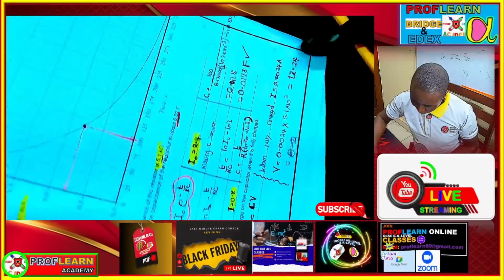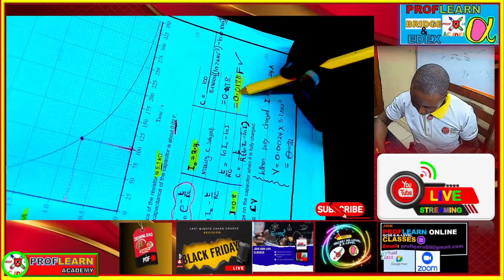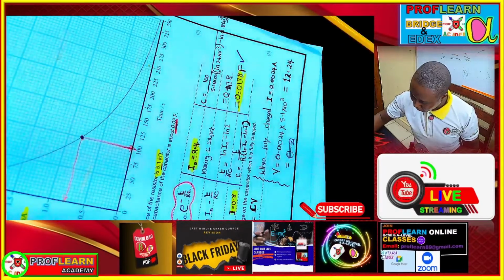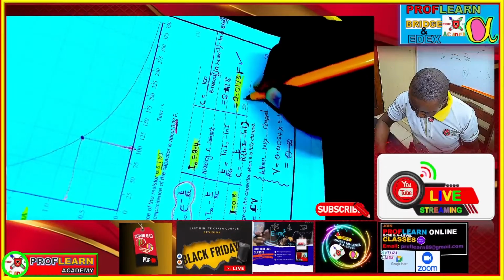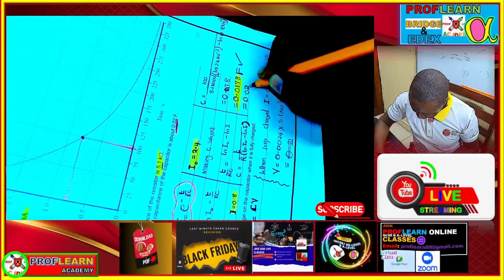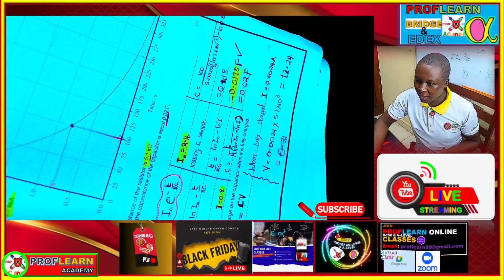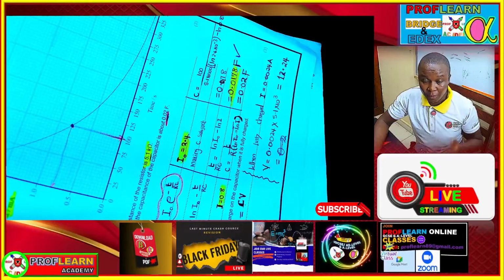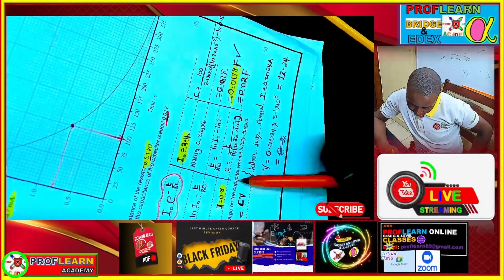So if you work it out, you are going to get your answer as 0.0178, which is approximately 0.02 farads, because if you round this off to the correct number of decimal places, you get this. And we are supposed to calculate the charge in the capacitor.